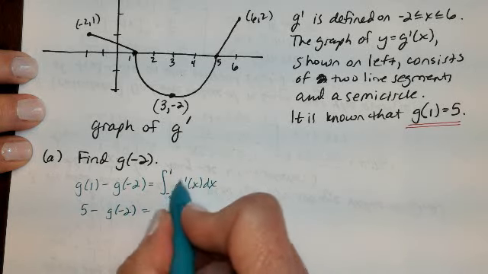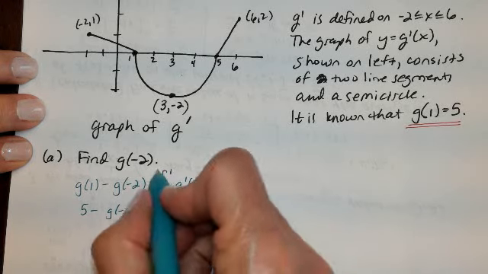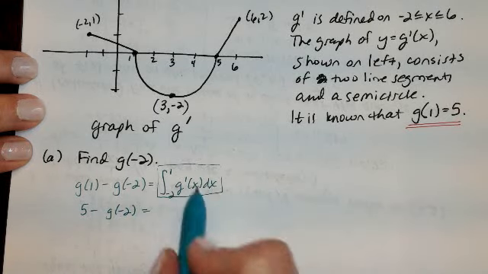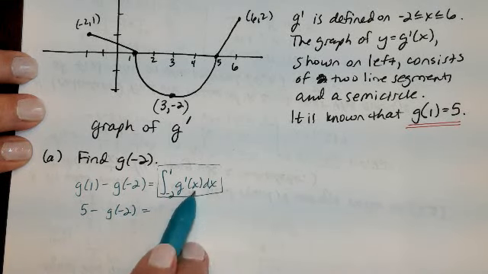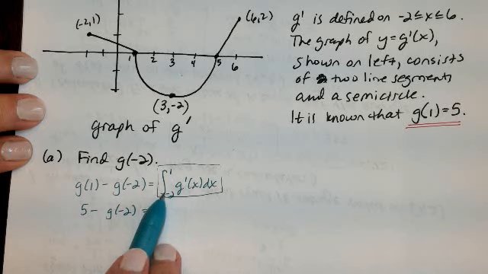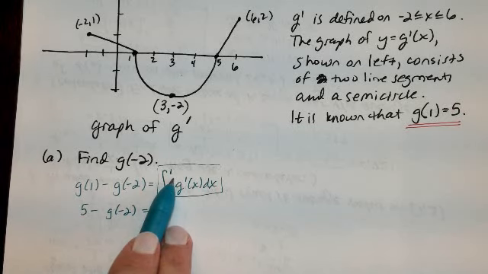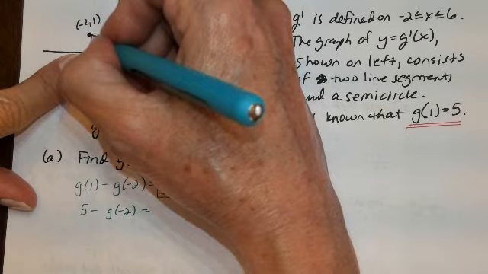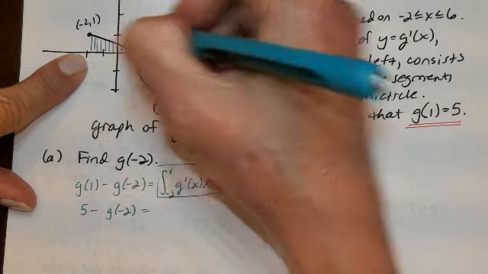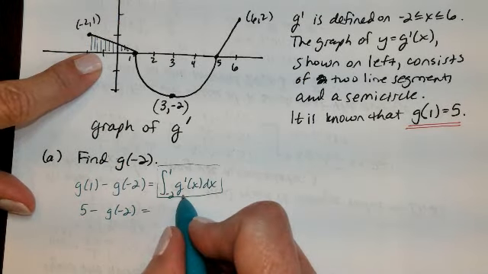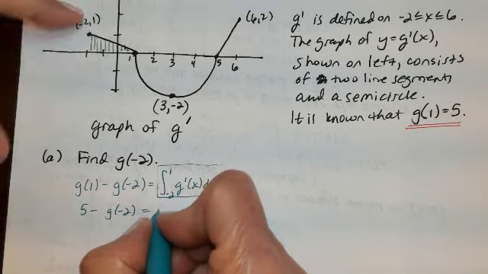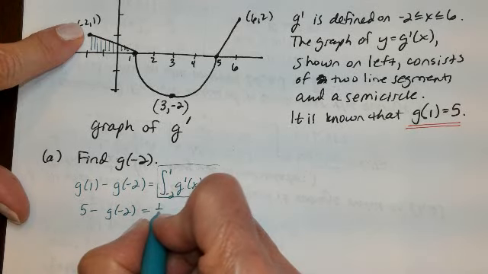And we don't know the expression for this, but think about what this is. Is that not just the area? We know here's the graph of G prime, and this definite integral is the area from -2 to 1, right? From -2 to 1, we want this area right here. That'll be that definite integral.